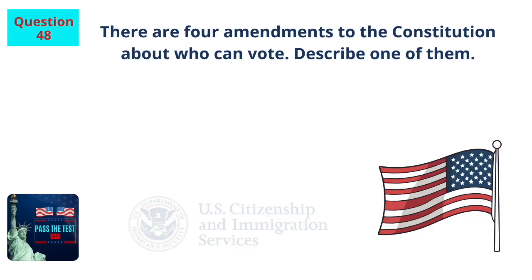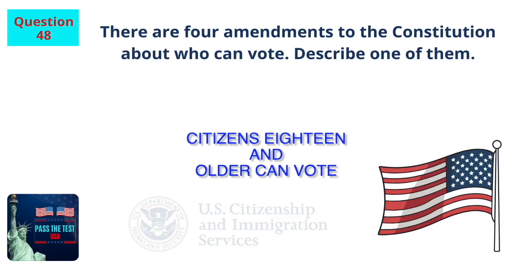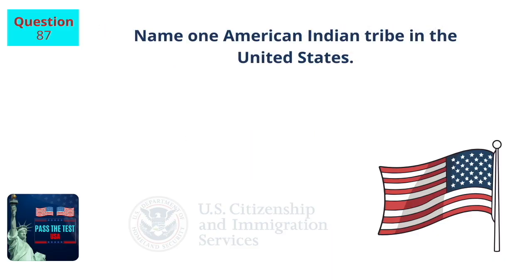There are 4 amendments to the Constitution about who can vote. Describe one of them. Citizens 18 and older can vote. Name one American Indian tribe in the United States.